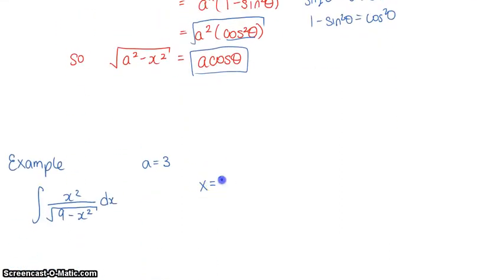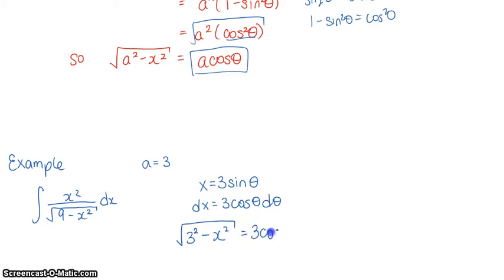So x is going to be 3 sine theta. dx, we just take the derivative of that, it's going to be 3 cos theta d theta. And then the square root of 3 squared minus x squared is the same thing as a, in this case 3 cos theta. So we can use this for our substitution when we're working here.